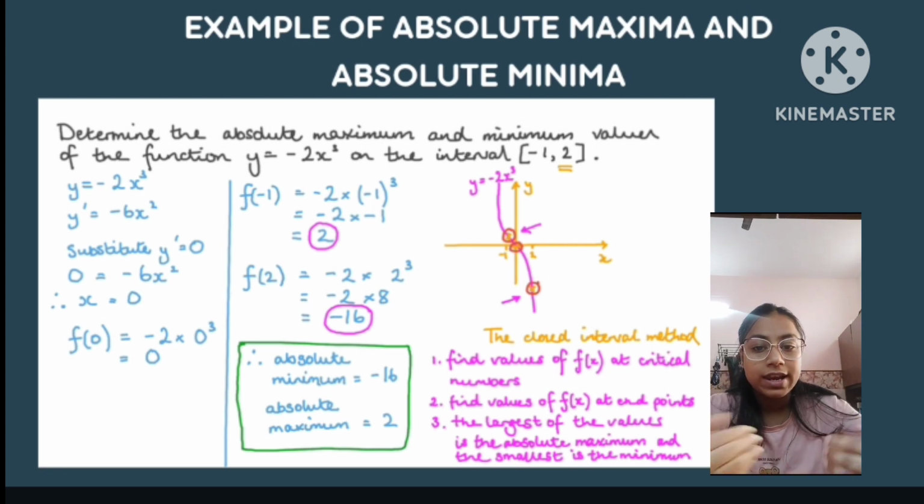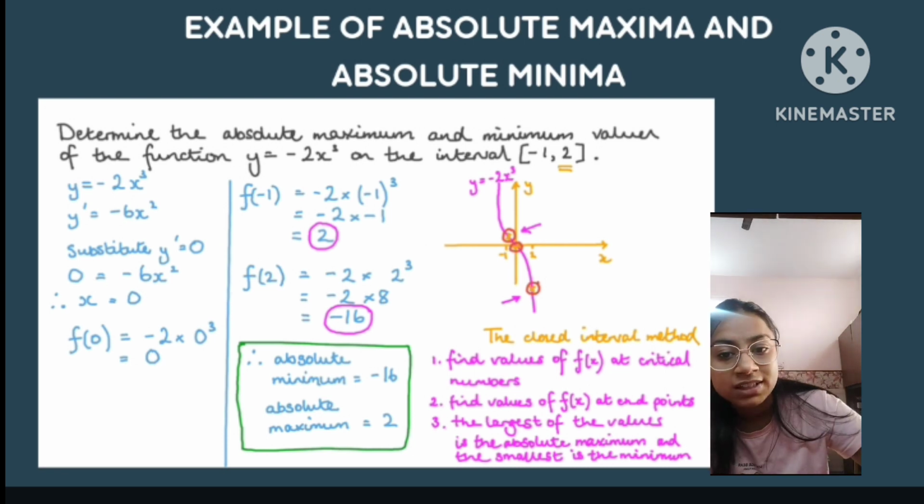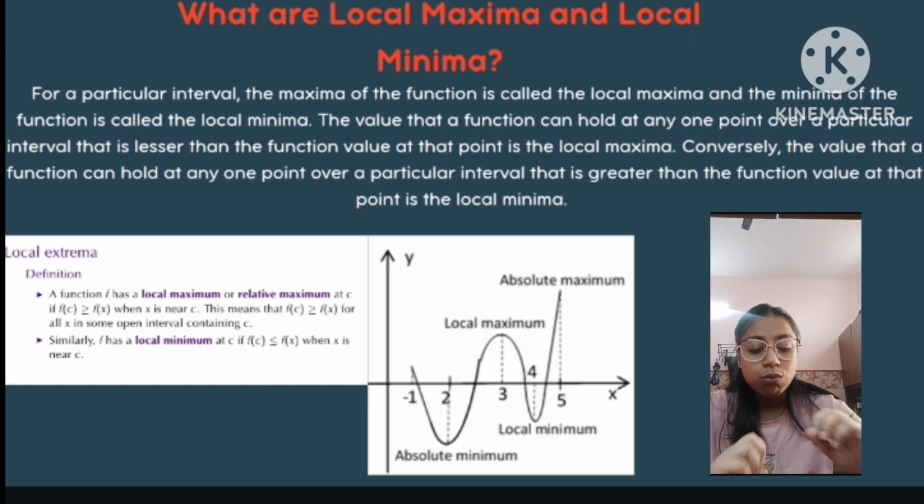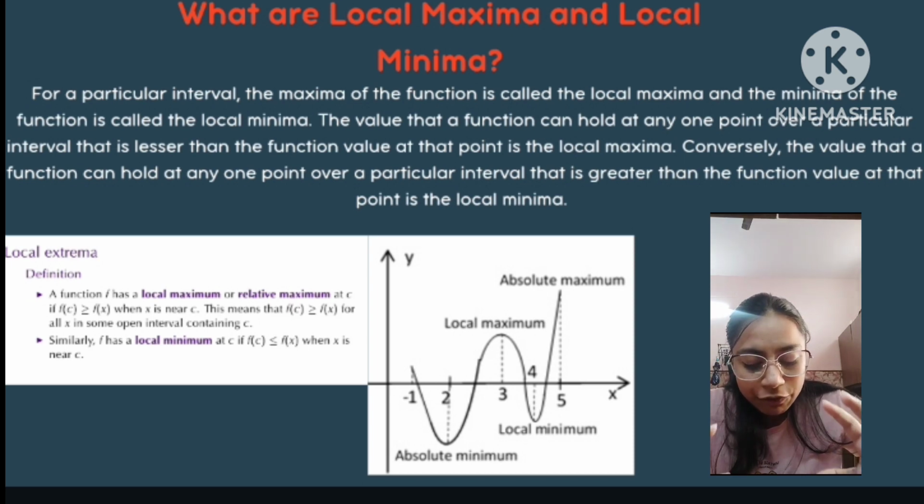And now let's go on to local maxima and local minima. So what are local maxima and local minima? Simply, for a particular interval, the maxima of the function is called local maxima and the minima of the function is called local minima.